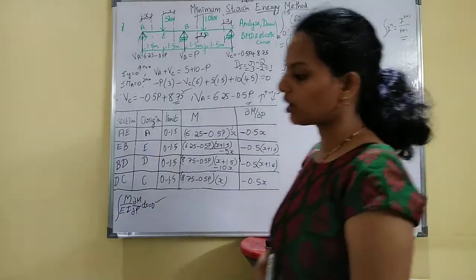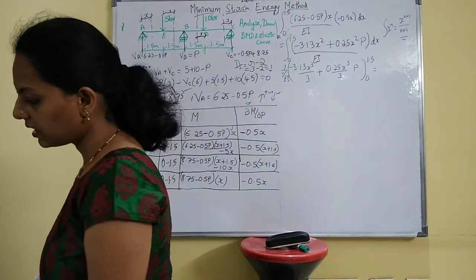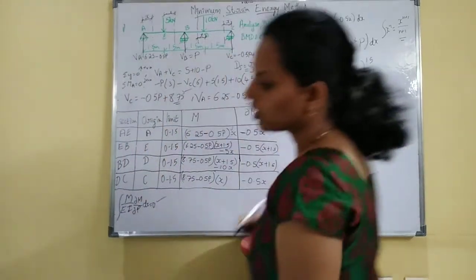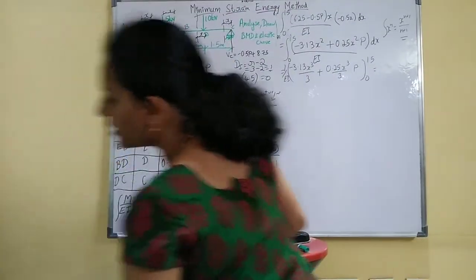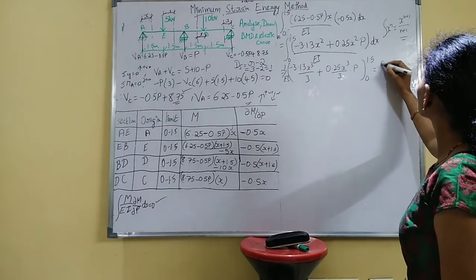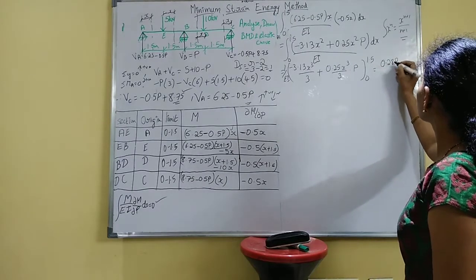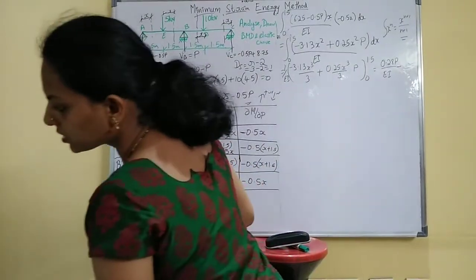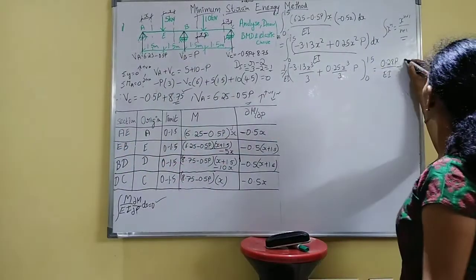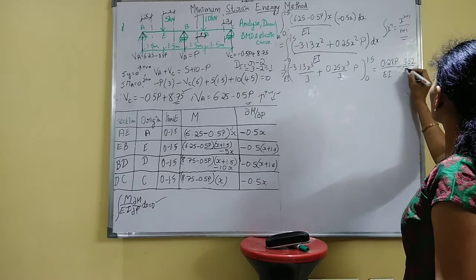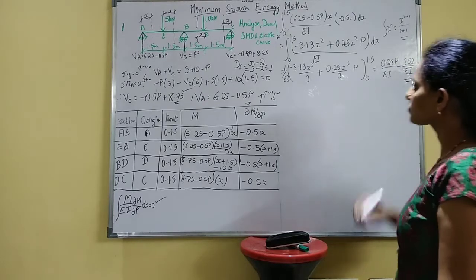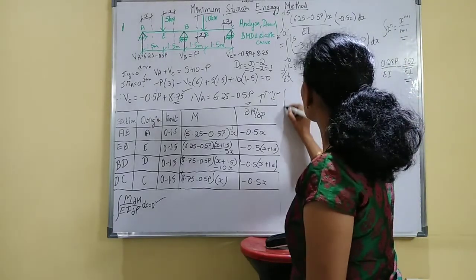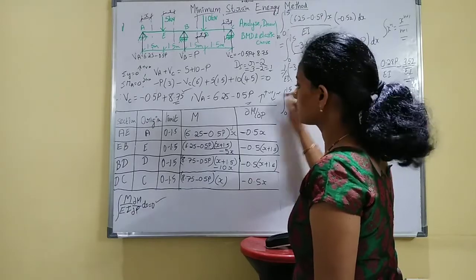So substitute that 1.5 as x and get the value. You will have 0.28 P by EI minus, for this constant term, 3.52 by EI. Okay, next consider for the section.